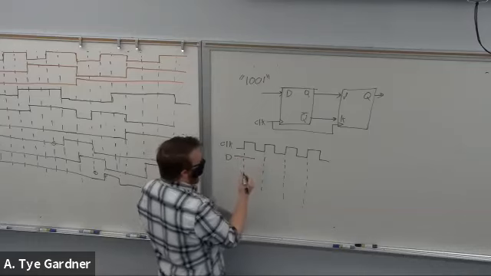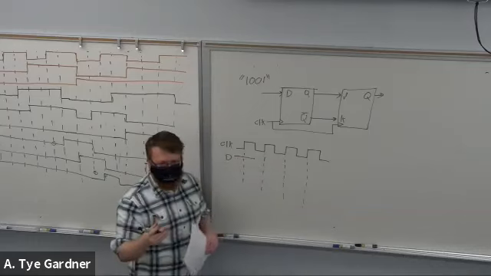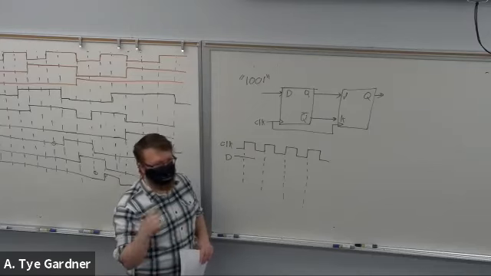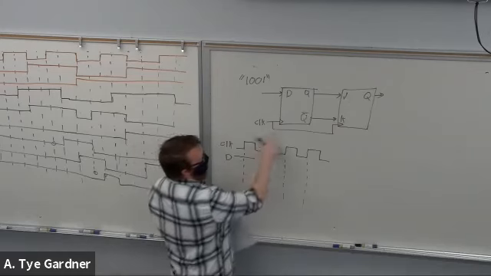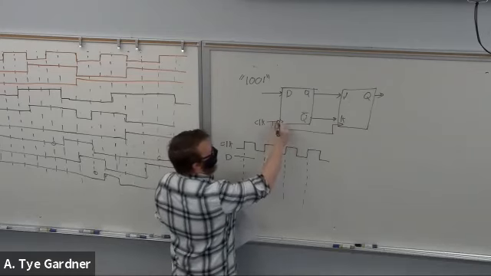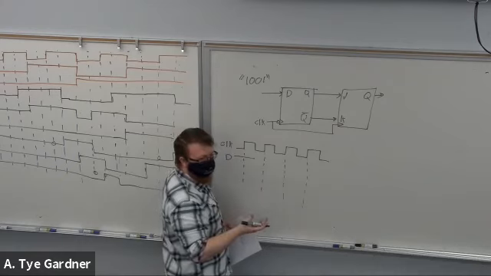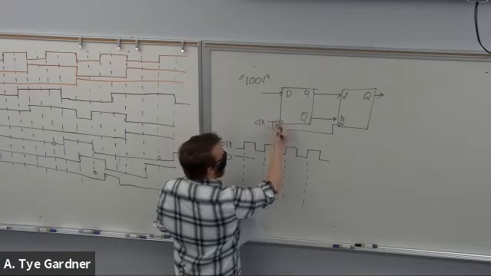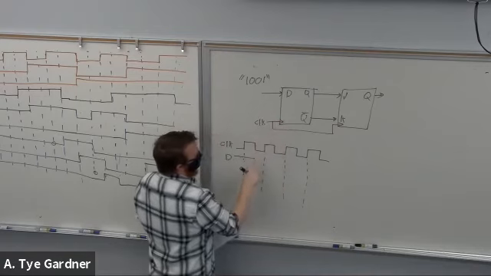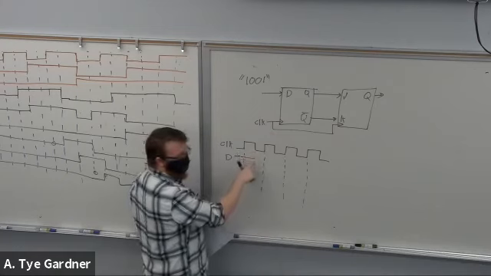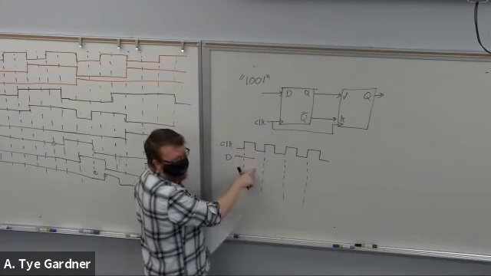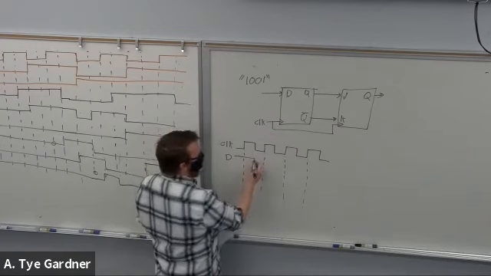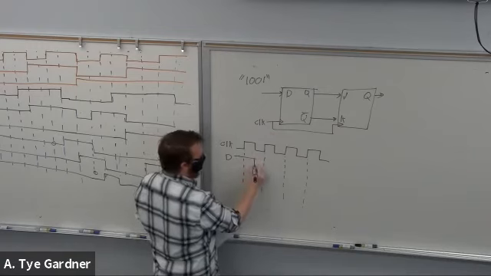If you had to draw this yourself, if you're changing the inputs, I like to change the input on the opposite edge as what the trigger is. So this means rising edge. If I were to put a bubble there, that means a falling edge triggered device. I don't do a lot with falling edge triggered, but I could. We had one homework that had some stuff on it. So I changed my data on the falling edge, and that's typically good digital design practice. It is also very clear what the value is at the rising edge.